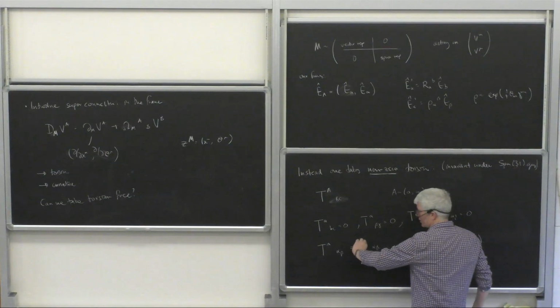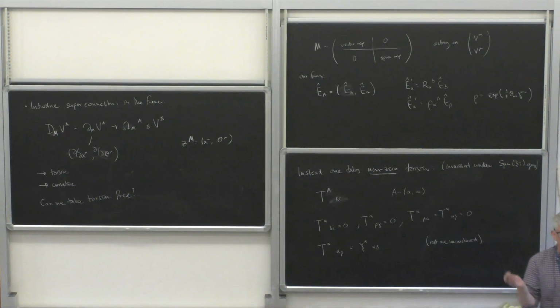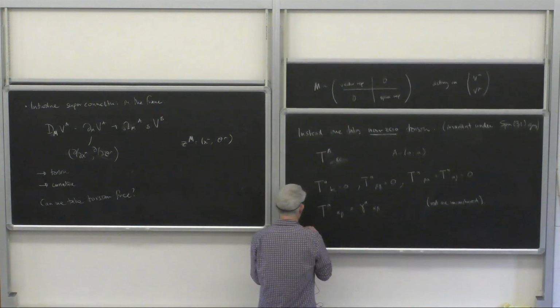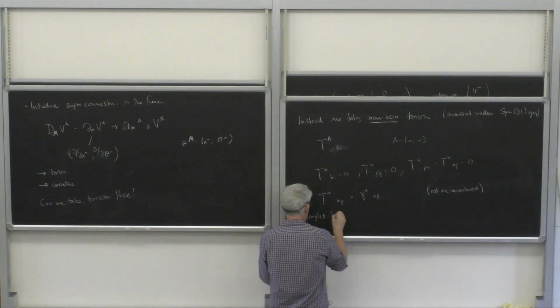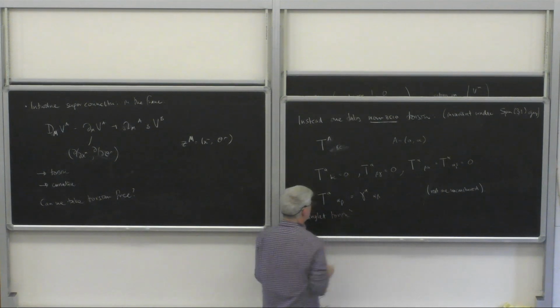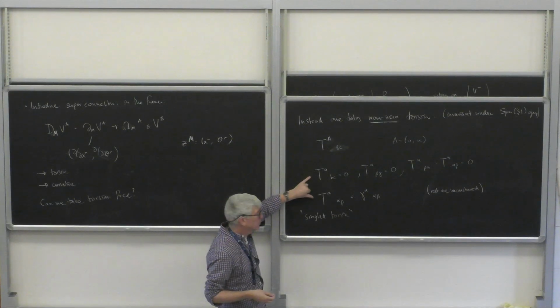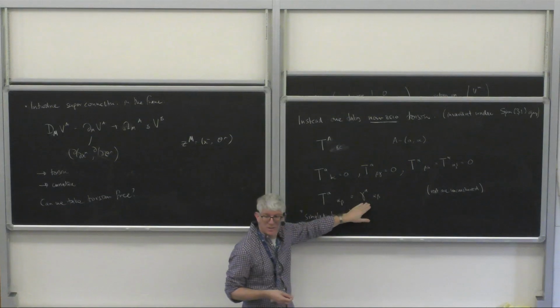It's got a rotation on the A index and rotations on the alpha beta indices, and they cancel each other. That's the point of a gamma matrix, right? It's an intertwiner between the representations, so it's invariant. So this is an example of what's called singlet torsion. The torsion doesn't vanish, but it's always things which are singlets, invariant under the group.